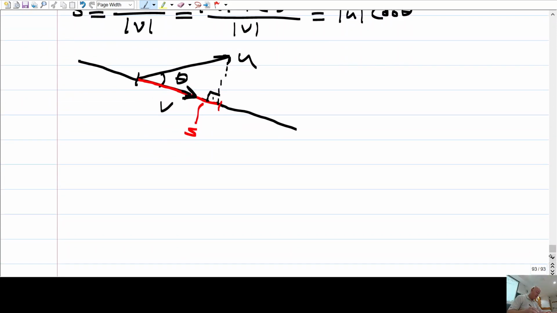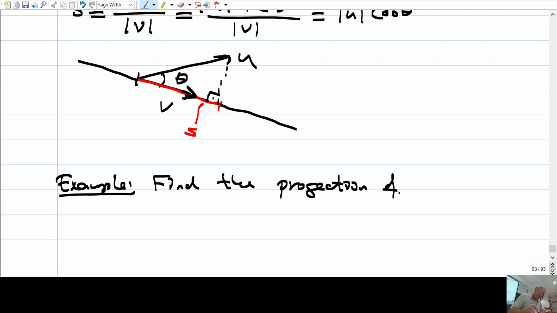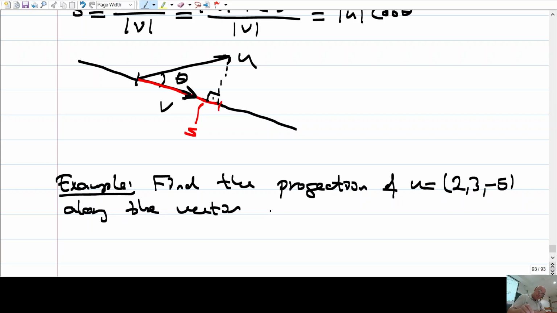Okay. So let's see one example. Find the projection of u, (2, 3, -5), along the vector v, let's say (-1, 1, 2).